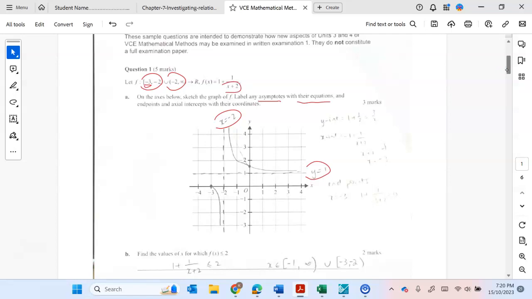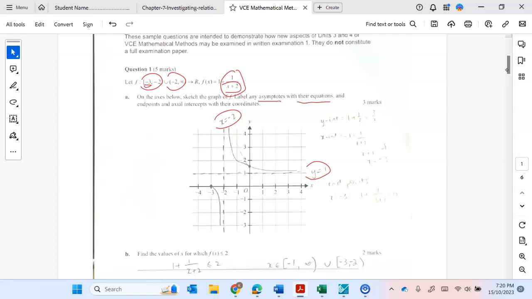If it was equal to 0, that's why it's -2. And I'm sorry, I can't use any other color than my red. Because this whole term 1 over x plus 2 cannot equal 0, that means we have an asymptote also at y equals 1. So there's our two asymptotes.